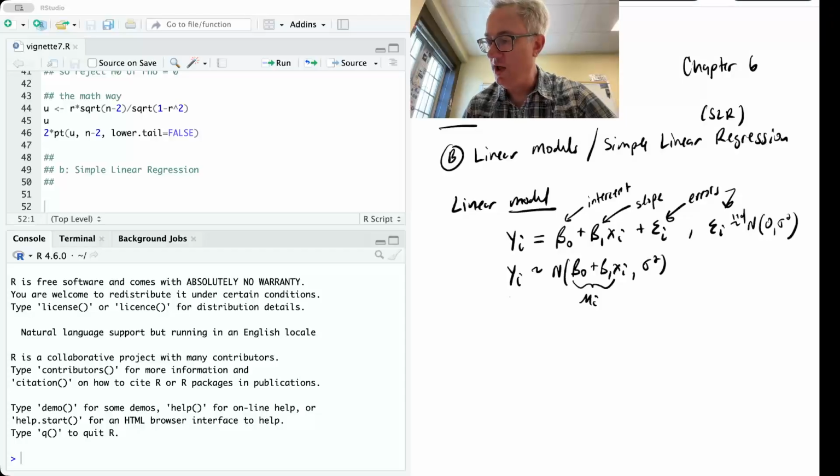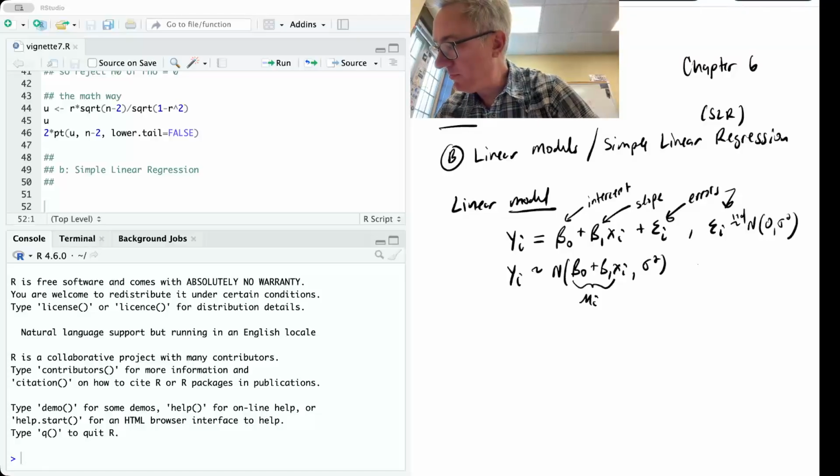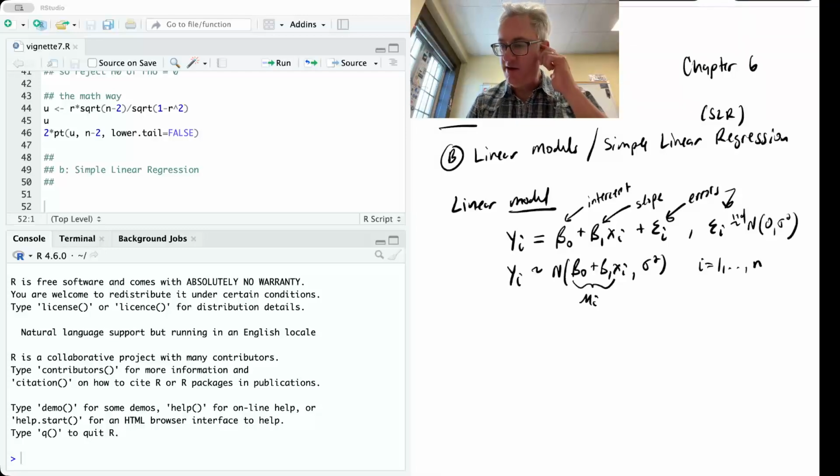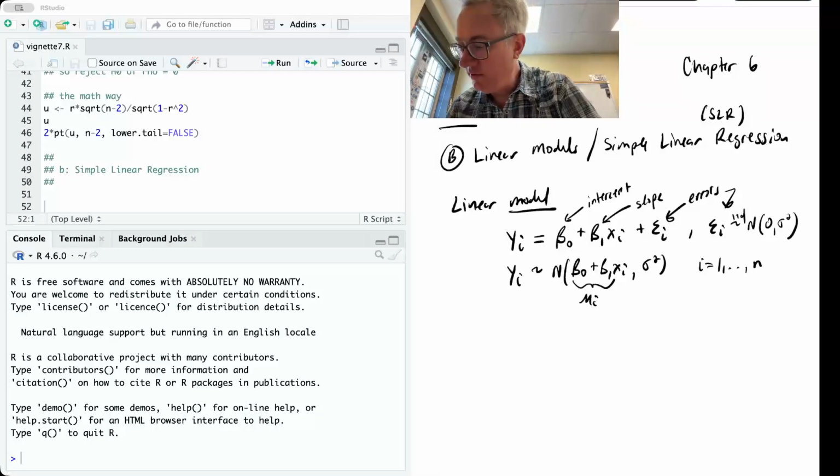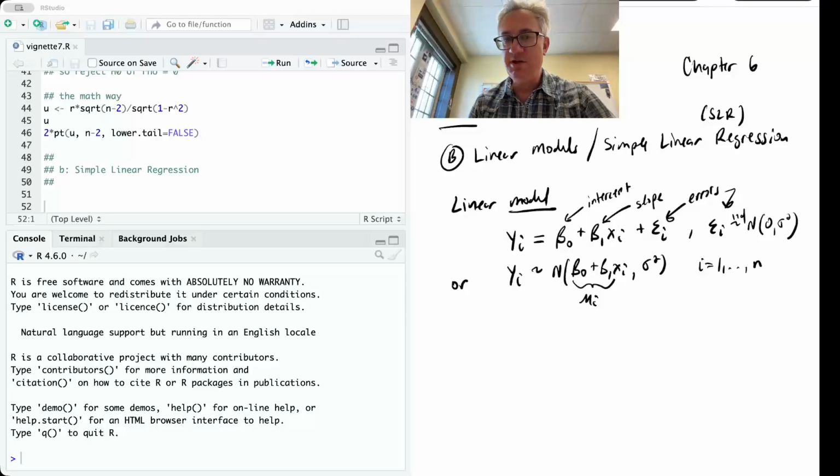So each y has a Gaussian distribution with a mean of mu and a variance of sigma squared, but that mean of mu is a function of an x variable, an xi, so it's a mu i. And of course, we have n of these pairs of data values. So these are equivalent representations of the same model that's linear and still probabilistic and Gaussian.